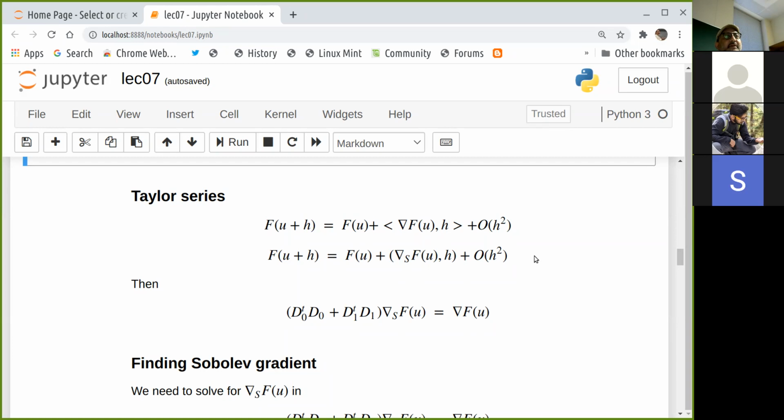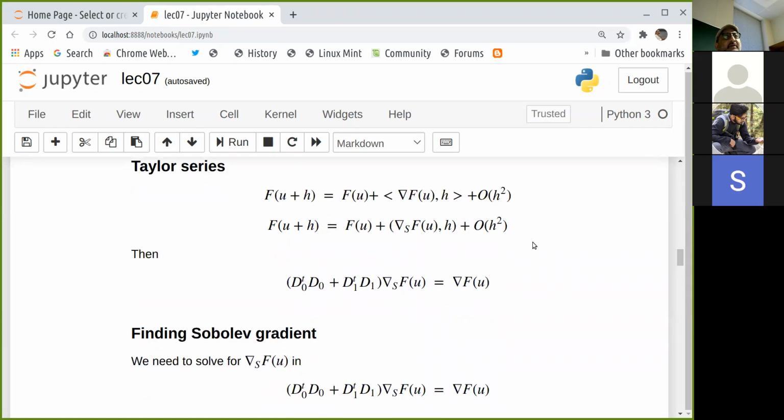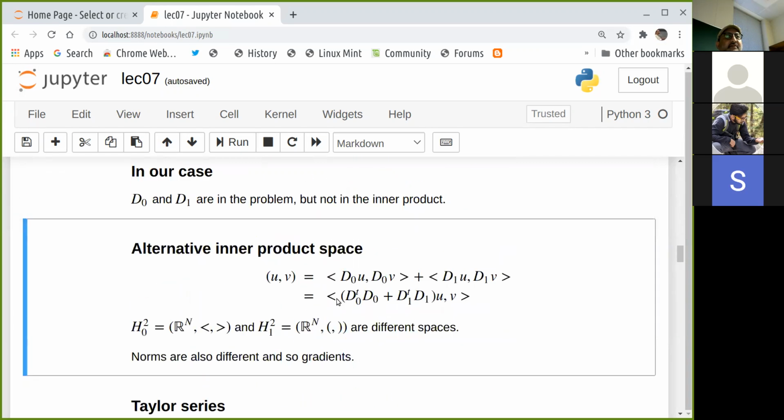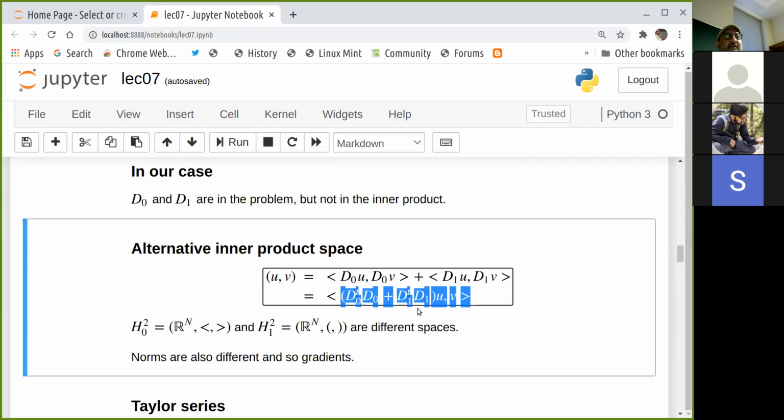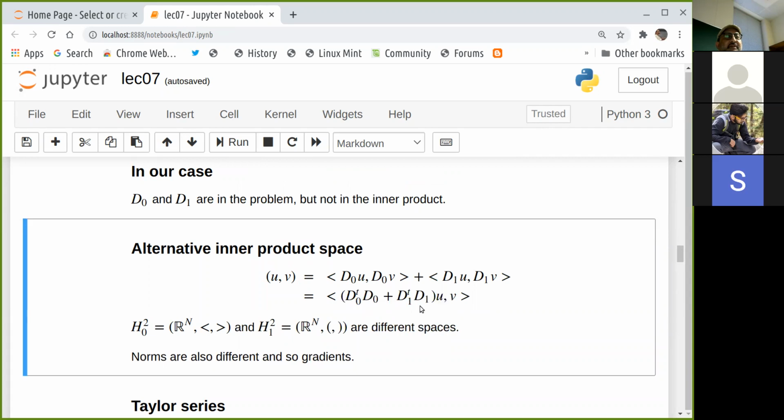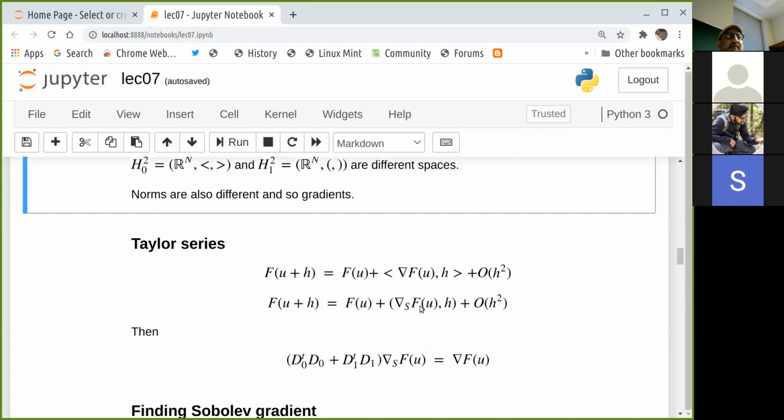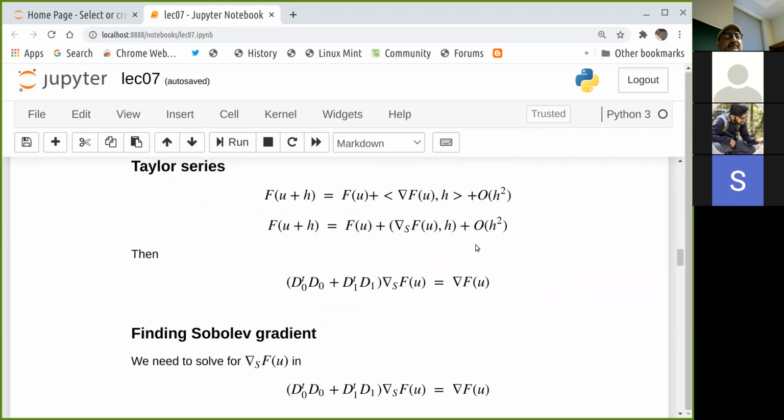So what does that mean? We compare term by term. And what that means is that this term here, d0 transpose d0 plus d1 transpose d1, gives us the relationship between these two inner products.